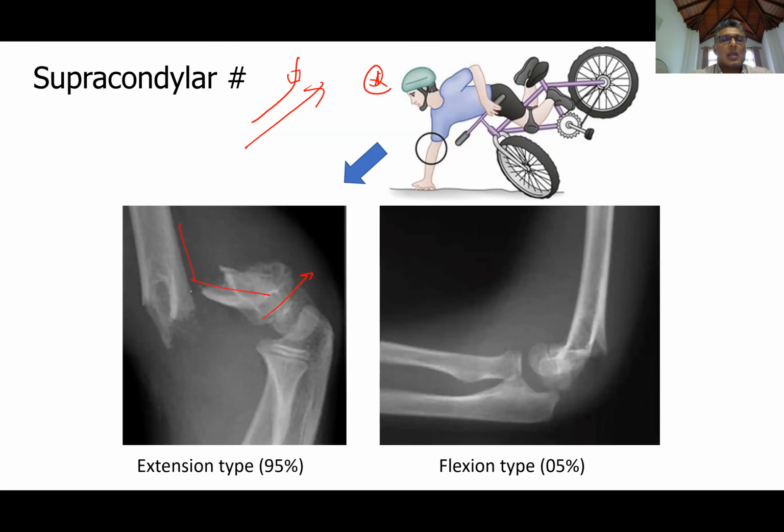Then the other type of injury is the flexion type, due to falling on the flexed elbow. If the force is given in that direction, then the distal fragment of the fractured humerus will be pushed forwards. So you can see it here. That is the flexion type, which is not very common.